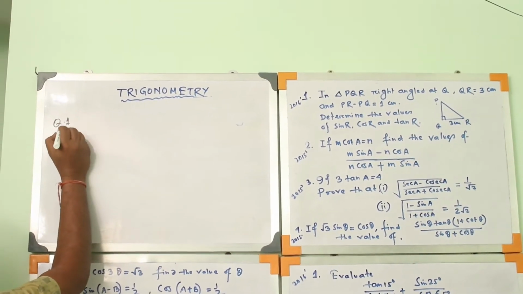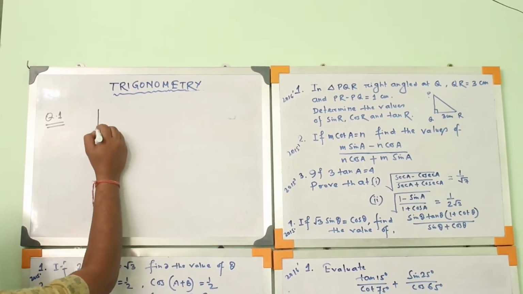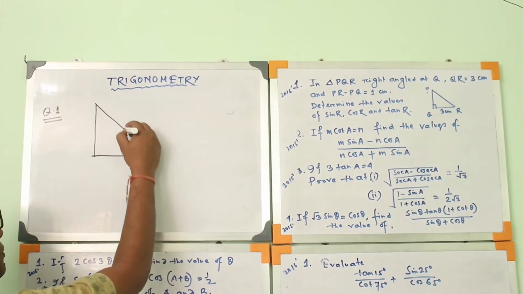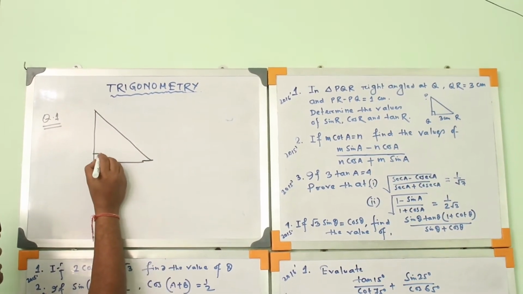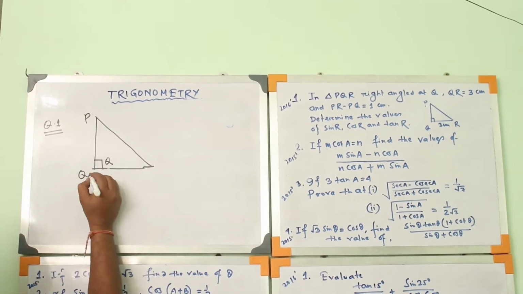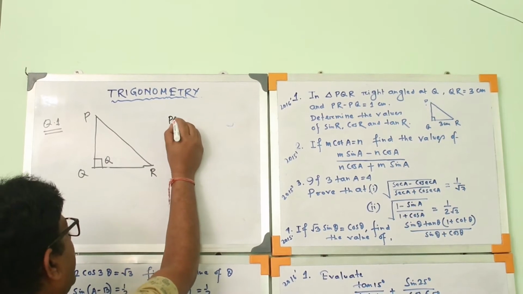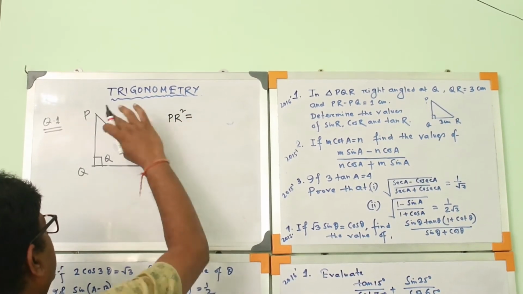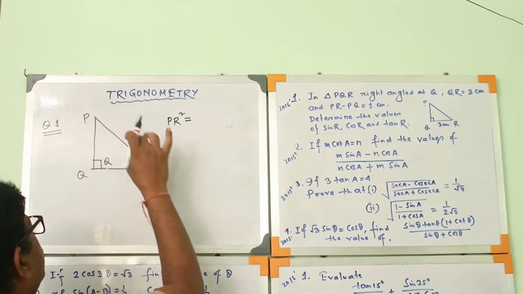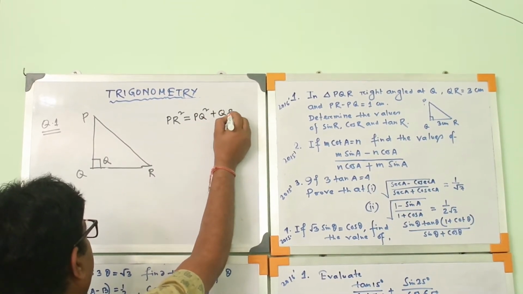Question number 1. So this is the right triangle. This angle Q is 90 degrees. This is P, this is Q, and this is R. So we can write PR square, hypotenuse square, is equal to PQ square plus QR square.